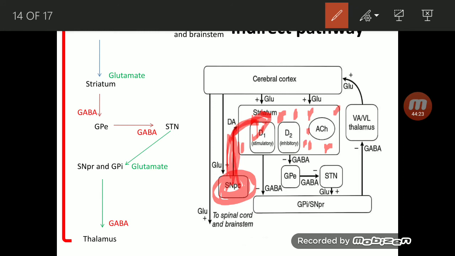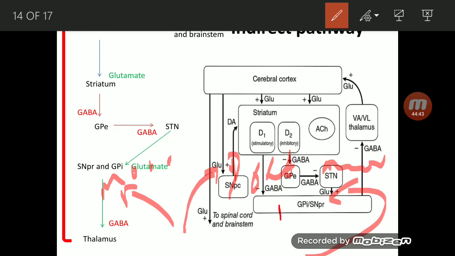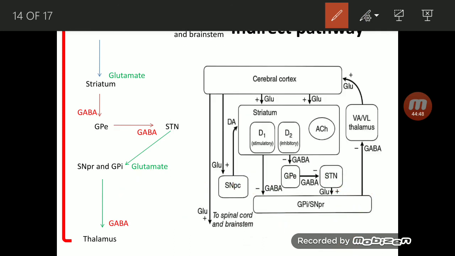So one signal is asking you to move, and the same signal is asking you not to move. So it becomes very confusing whether to move or not to move. This is simplified by an external supply of dopamine. Your dopamine is supplied from your substantia nigra pars compacta, and this dopamine is released in your striatum.